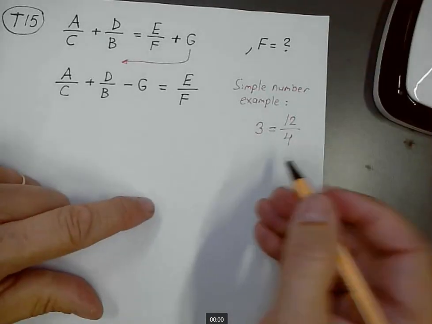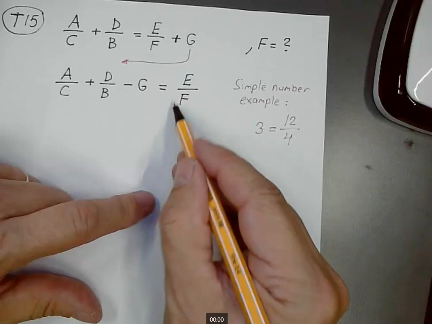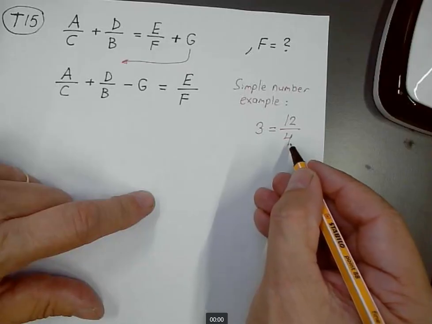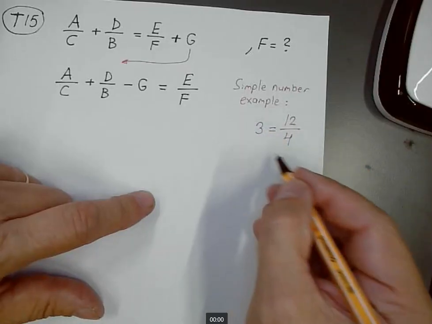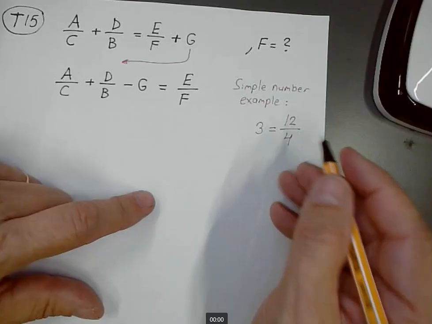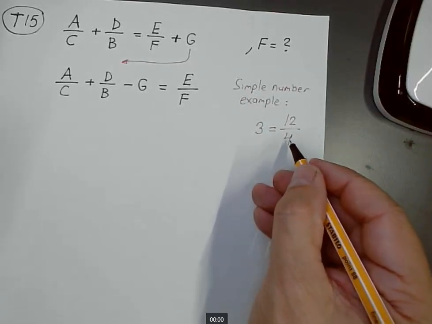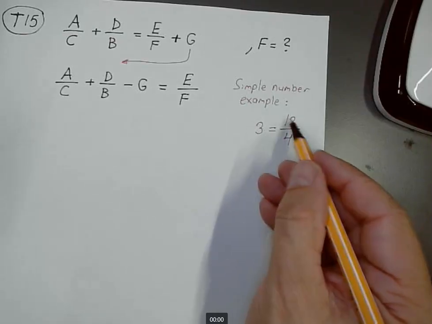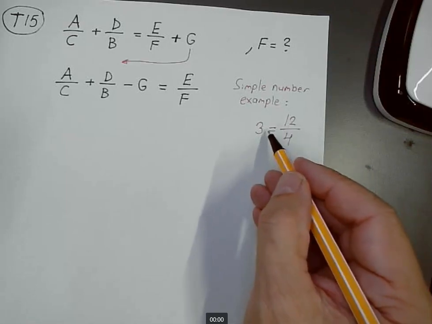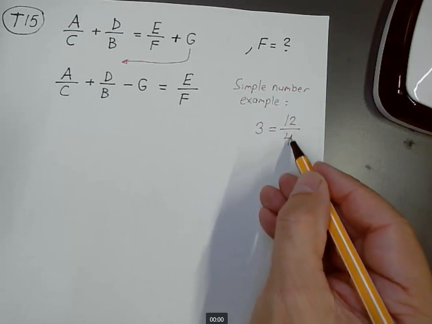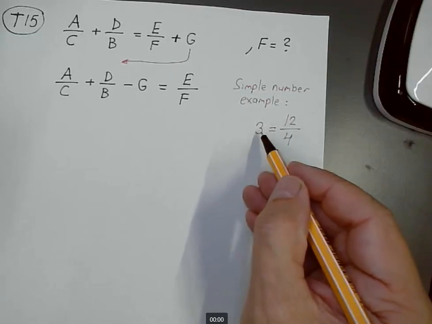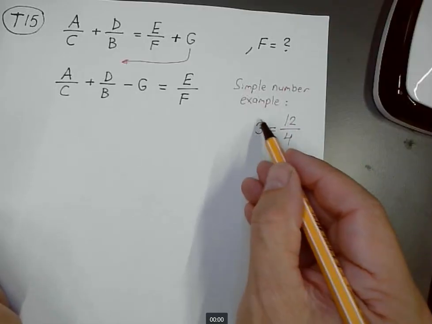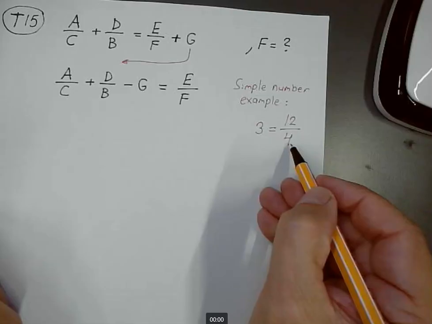So when we see that we have to solve this F from this equation, it is in the similar place as 4 in this simple equation. And when we watch this 4 here and we see that we have 12 and 3 in this simple equation, we quite soon understand that we get this 4 by dividing 12 by 3. So this part here divided by this part here equals this part here.